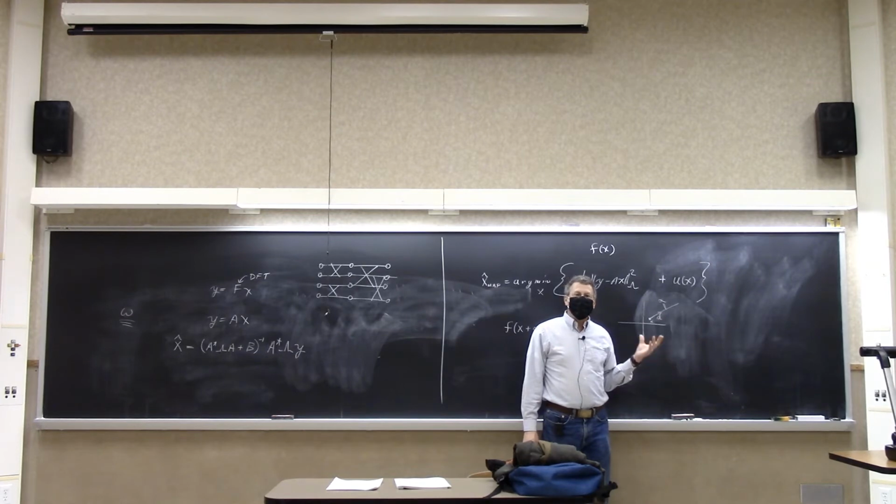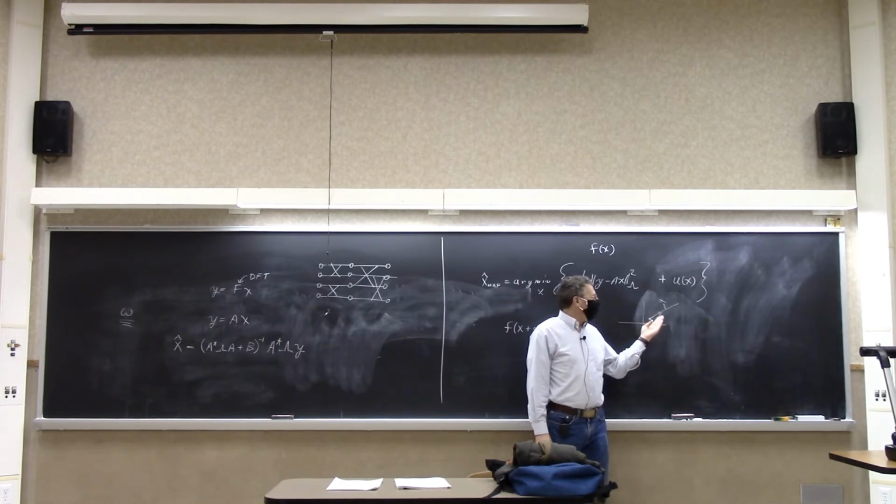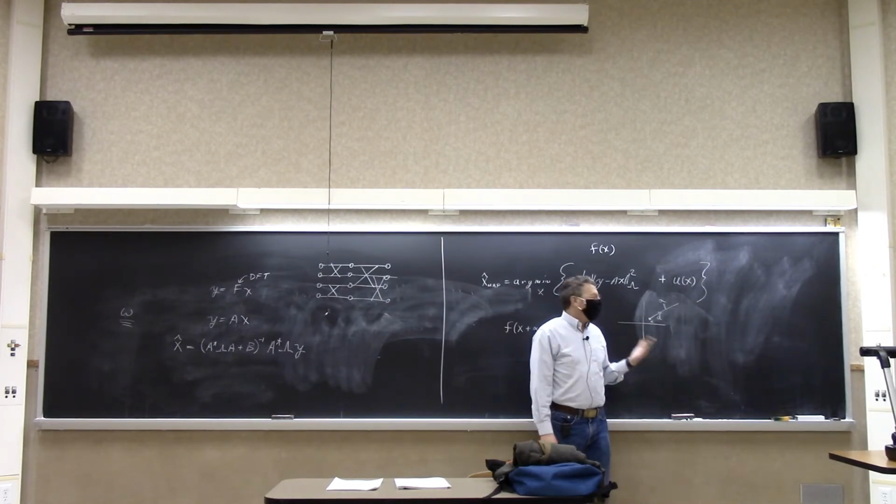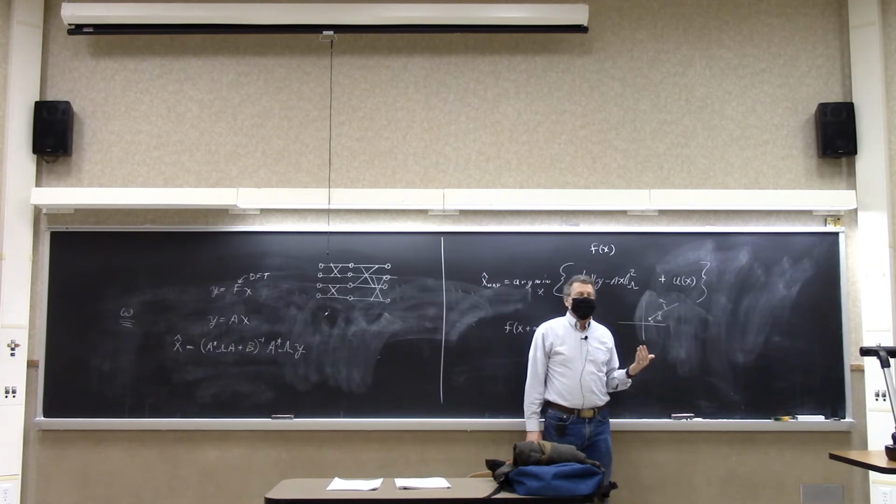So if the inner product of d with the gradient is positive, then you're going in the wrong direction because you're going uphill. So you want d to be in the direction of the negative gradient. So you want the inner product with the gradient to be negative, less than 0, right? Otherwise, you're going in the wrong direction. Seems like a bad idea, okay?